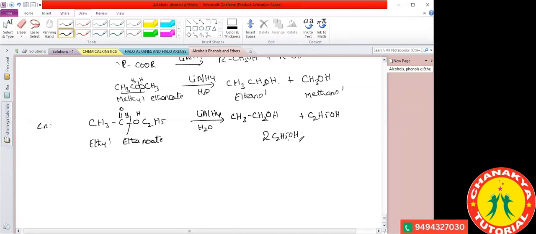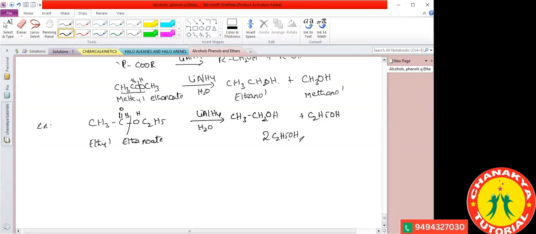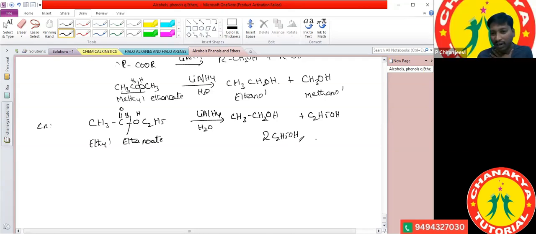Both are the same products only, so how can we consider one a major product and the other a minor product? Both are important. In all the cases you are getting primary alcohols.